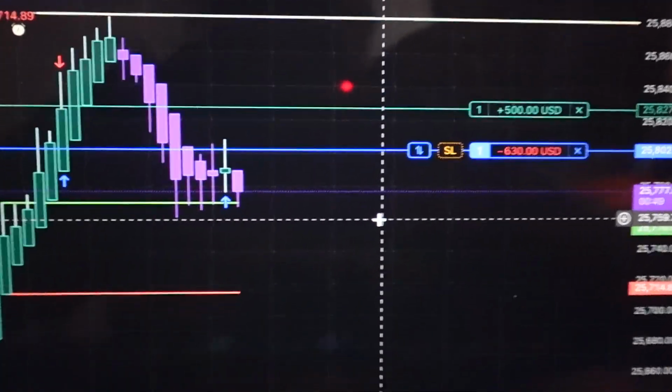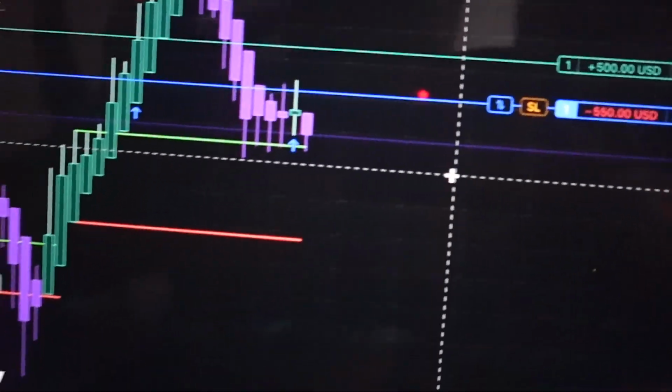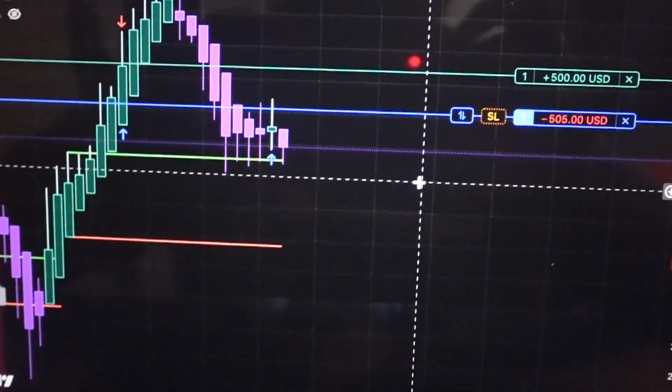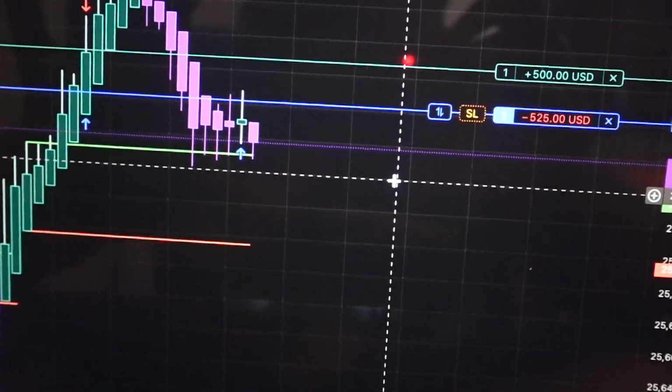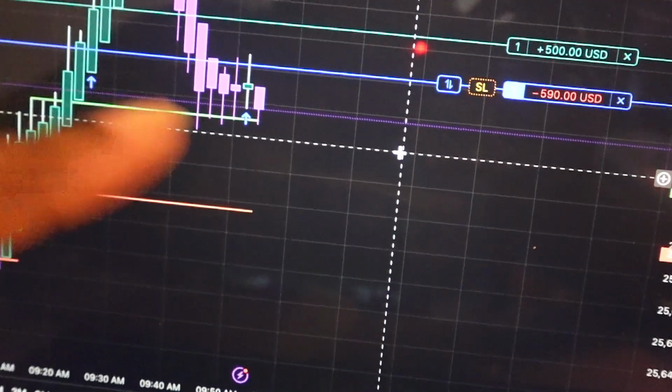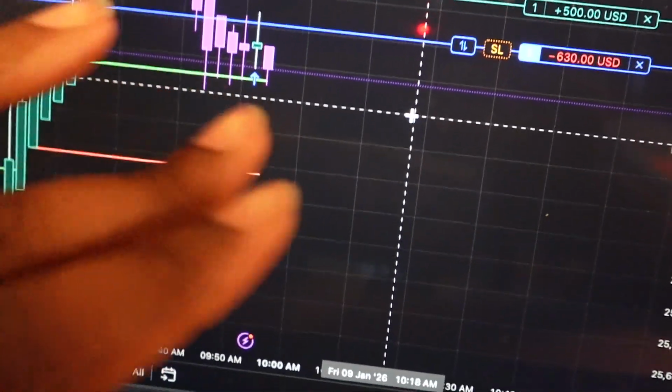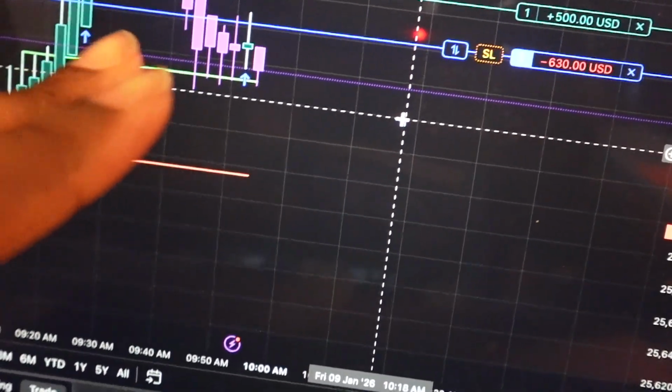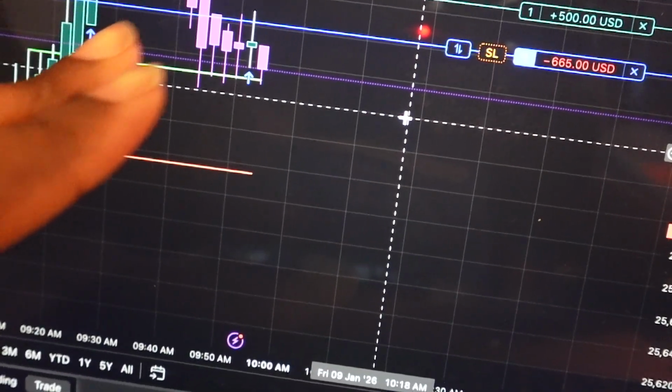See, I got in wrong. I was supposed to wait for a full bullish candle to close, and I got in while the candle was forming. I should have never got in here, but we're gonna let it ride.